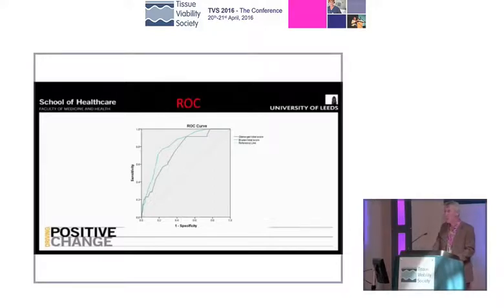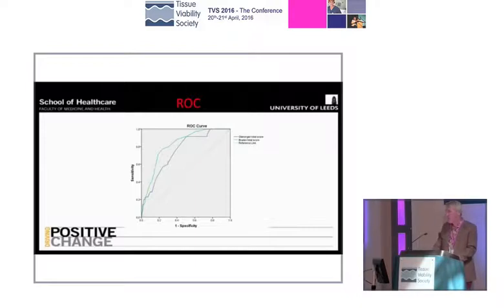Now, what we're looking at here, the ROC curve, that diagonal line across the graph is the guessing line. Anything above that guessing line is something that's better than guessing. And the further it is towards the top left-hand corner, the better the tool is. And you can see here that the Braden score and the Glamorgan score seem to be quite similar.